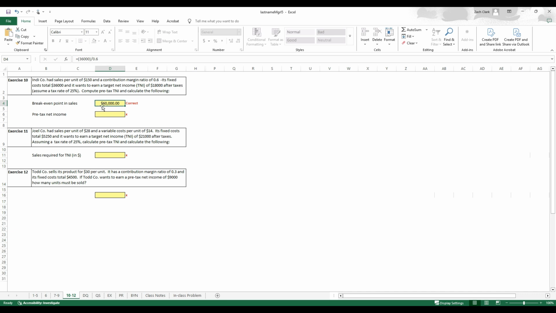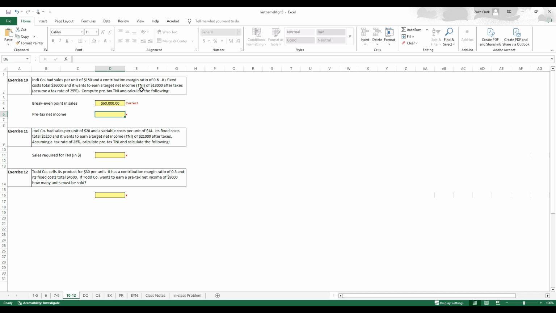Okay, then it says we want to earn a target net income of $18,000 after taxes, and assume a tax rate of 25% here. If we're going to figure out the amount of pre-tax net income, we need to work from the target net income after taxes.